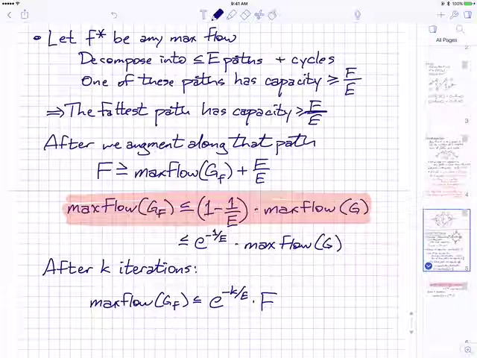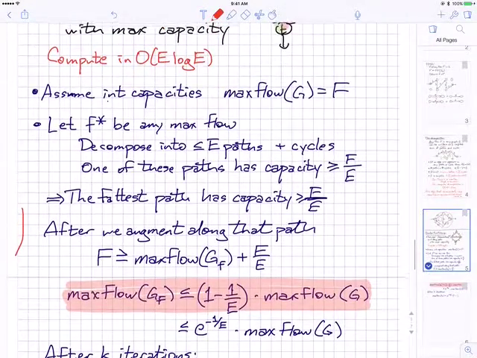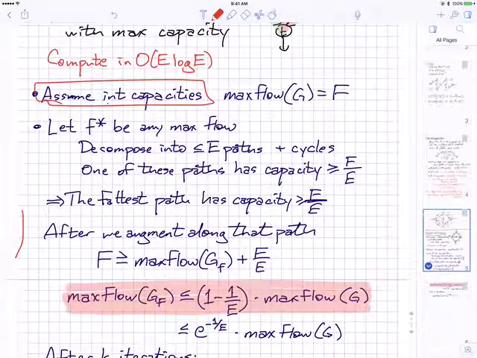So in particular, if I can find a value for k such that this bound is strictly less than 1, then I claim that at this point the algorithm has halted. Why? Because I started off at the very beginning saying assume integer capacities.